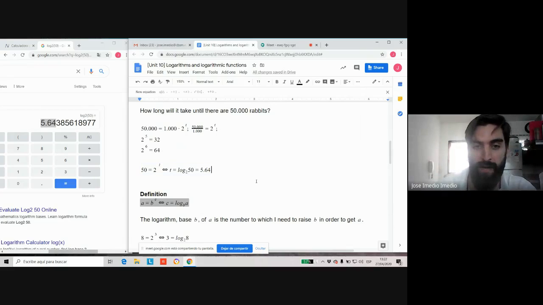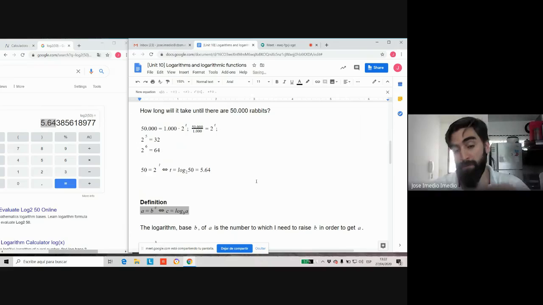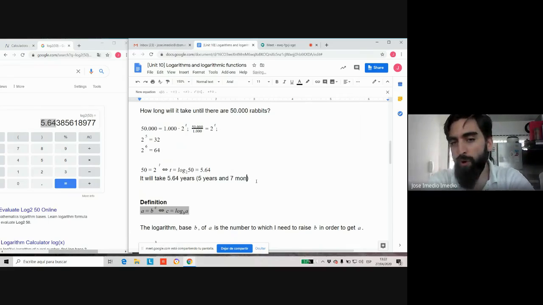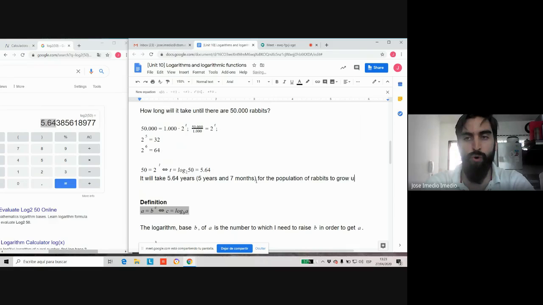And in my specific problem, it means that it will take 5.64 years, so more or less 5 years and 7 months, for the population of rabbits to grow up to 50,000. Okay, that's the meaning of this, right?